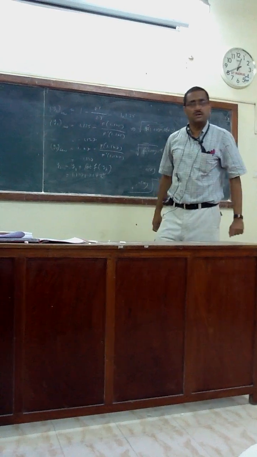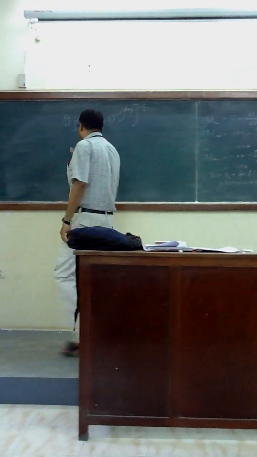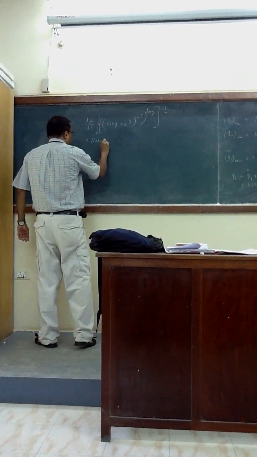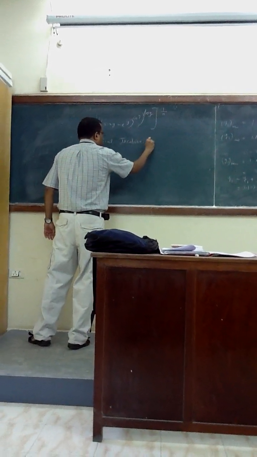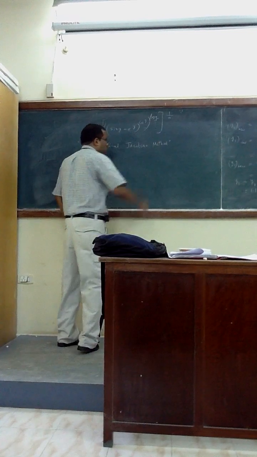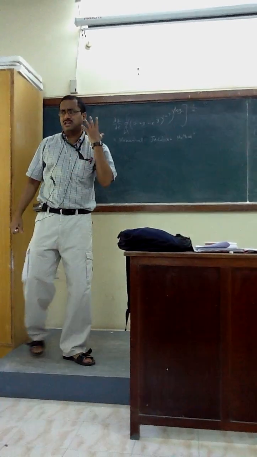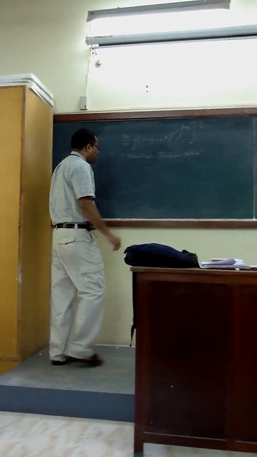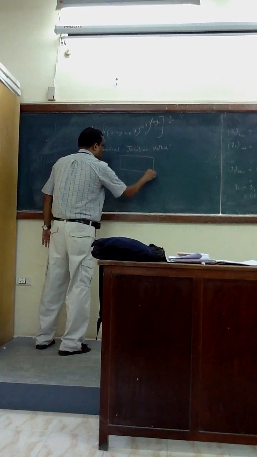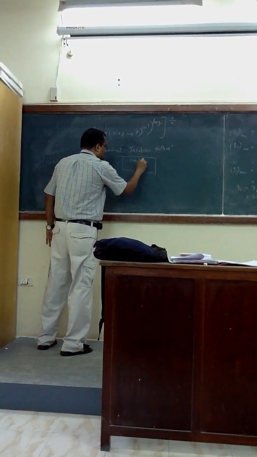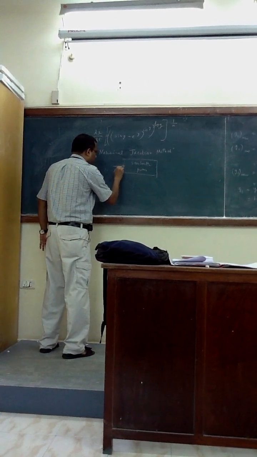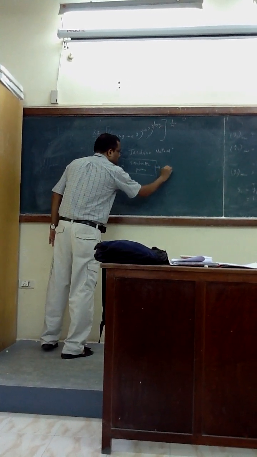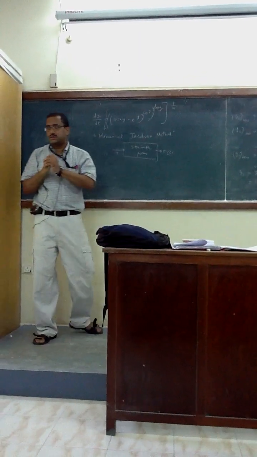Any idea? There is something called the numerical Jacobian method. What does it mean? It applies if a function is very complicated. Sometimes, as in a stochastic process, you give an input and you get an output.